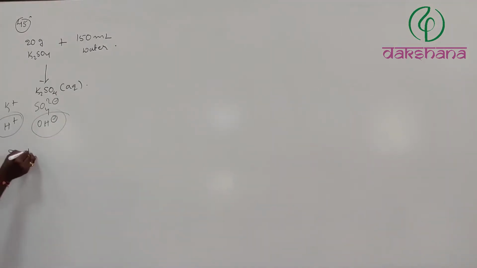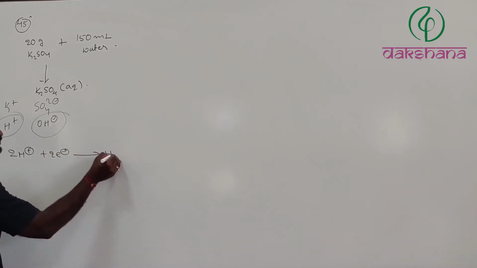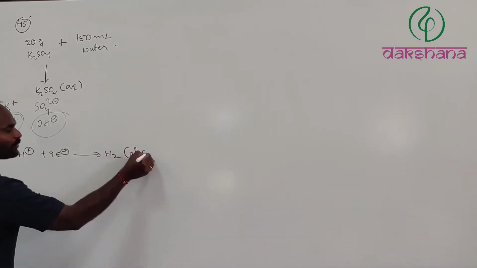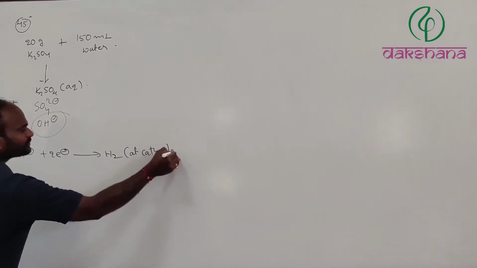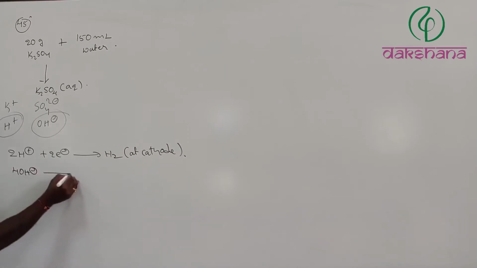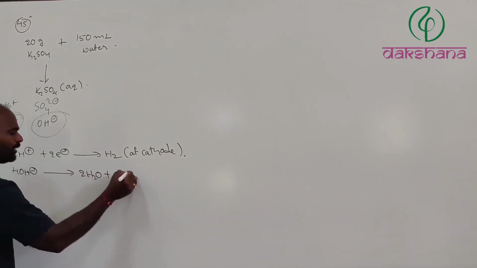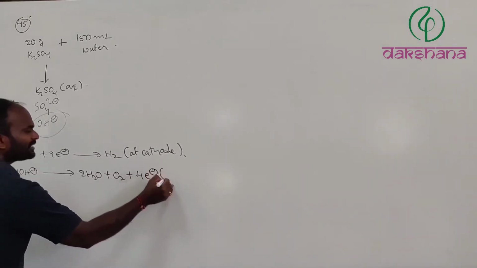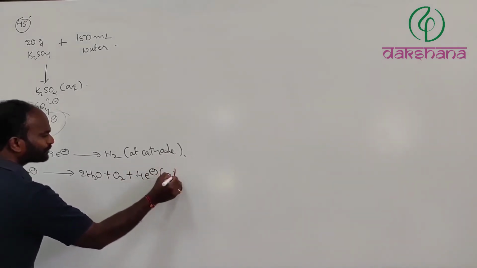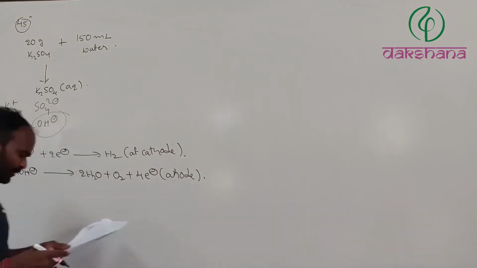Therefore, at the cathode, 2H+ + 2e- gives rise to H2, hydrogen gas. Whereas 4OH- gives rise to 2H2O + O2 + 4e-. This is the reaction which takes place at the anode.